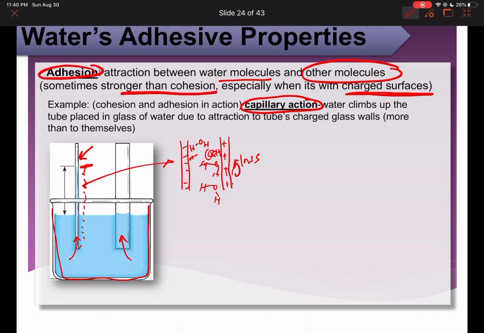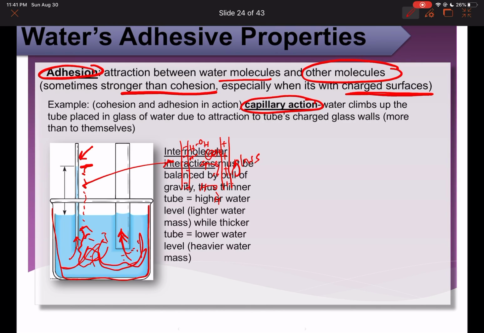Different materials can be charged differently, and so the inside of the glass tube has a charged surface that attracts the water molecules. So the water molecules will break the bonds between themselves down here and start traveling up the glass tube, slowly climbing up until they can no longer overcome the force of gravity. So that's breaking those hydrogen bonds from the rest of the water in the beaker and then climbing up into the glass.